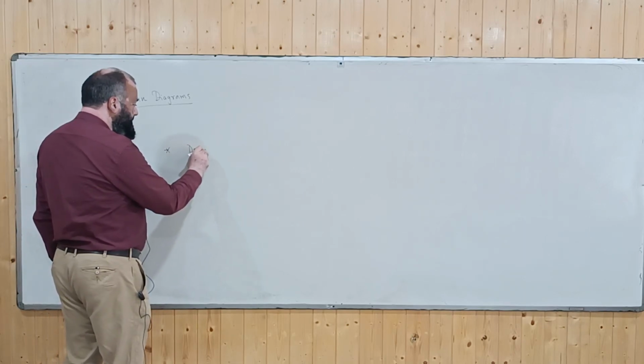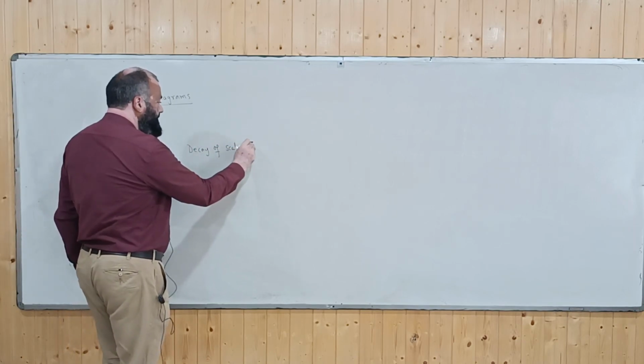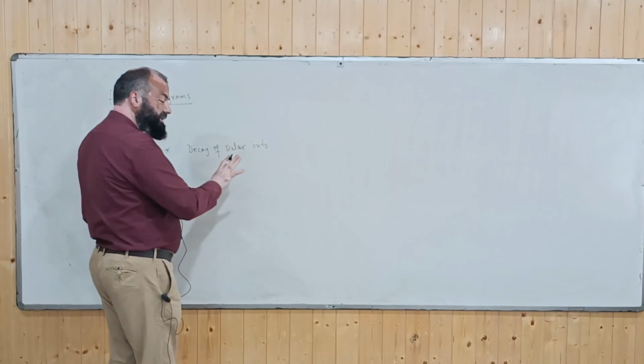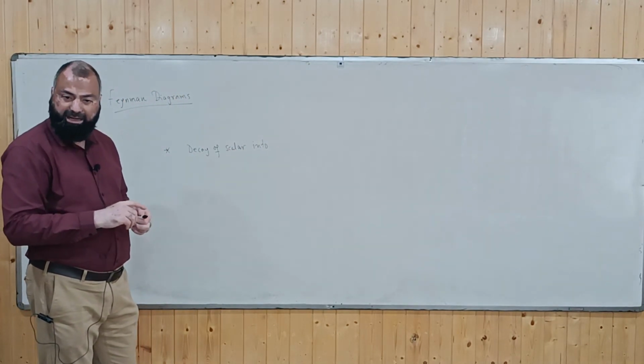We will consider a decay process: a scalar particle that decays into a fermion and antifermion pair.